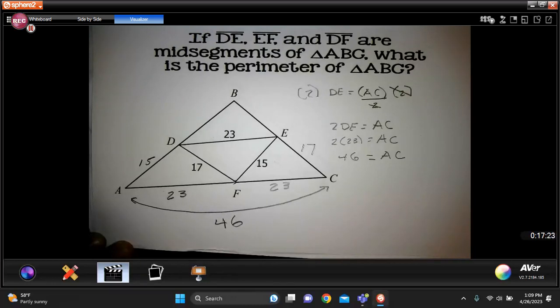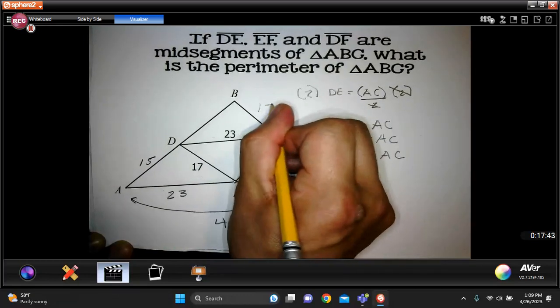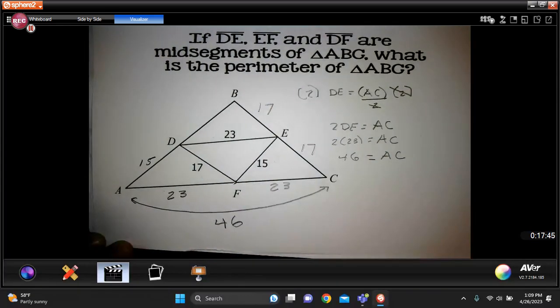Because if you move this sideways and take a look at this triangle, DF, this mid-segment here, is going to be double this big side on the back. So this side is also going to be 17.